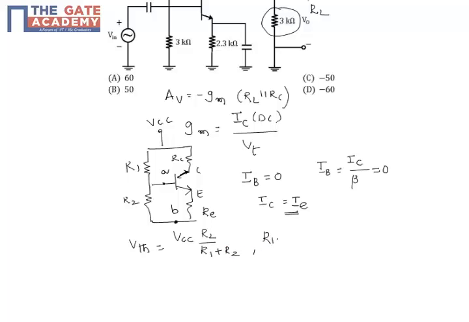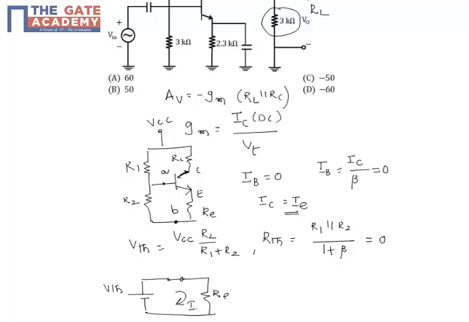Similarly, R Thevenin will become R1 in parallel with R2, divided by 1 plus beta. Again beta is very large, so this will become 0. So this whole circuit you can write as V Thevenin with Thevenin equivalent resistance 0, and this is RE. And the current which is flowing here is IE.